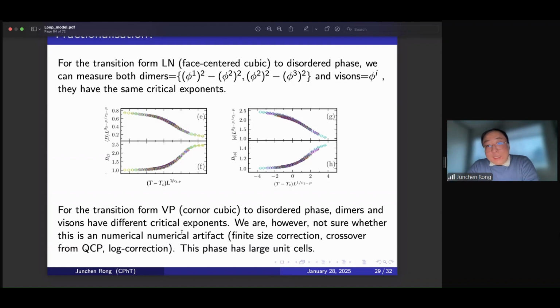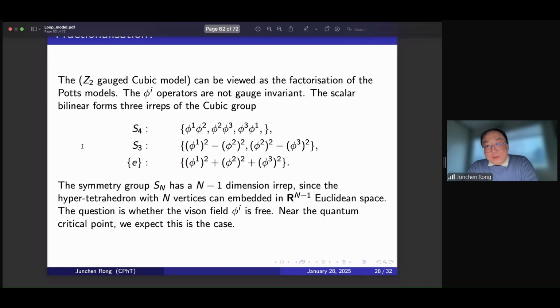So here it's quite similar. You can write an action for the Potts model, which we know how to write, which is a term with cubic interaction. But as you go towards the quantum critical point, you find that one object fractionalized into phis. That's the language we are using. So they would be different operators in your CFT. They would have different exponents. That's my very naive understanding of fractionalization.